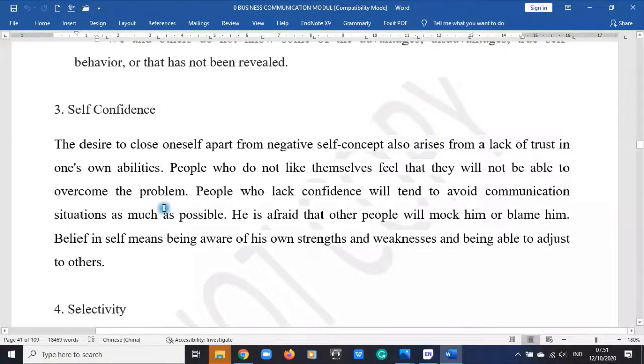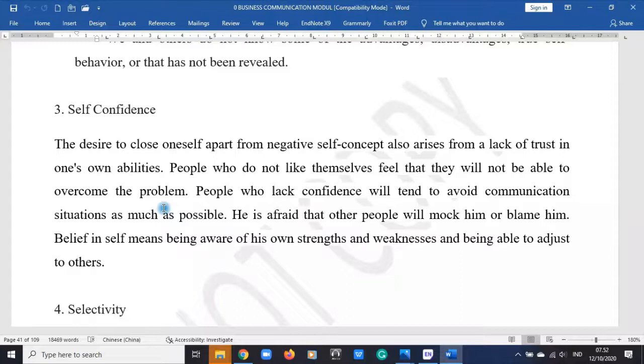And then the next part is self-confidence. It's really important, very important for you guys, because many students from our department usually feel they don't have this confidence because of many reasons.